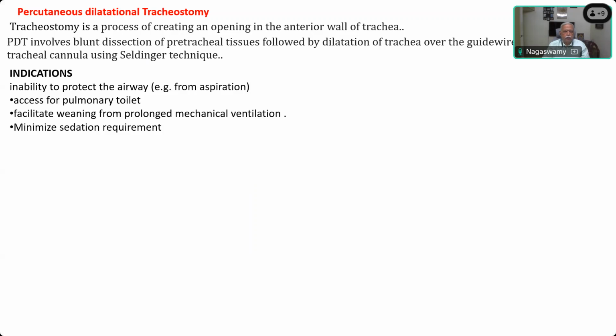So the patient, whatever tidal volume he is able to generate, will be able to sustain his oxygenation, and it will also minimize the sedation requirement. Instead of an oral tube or nasal tube, which may be more irritating, tracheostomy is much better tolerated. So the patient will require very little sedation to hold the tube in the airway.